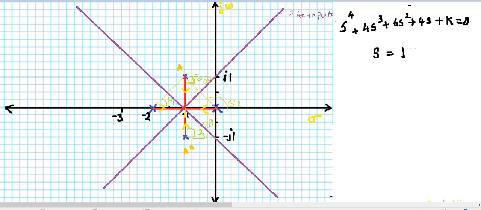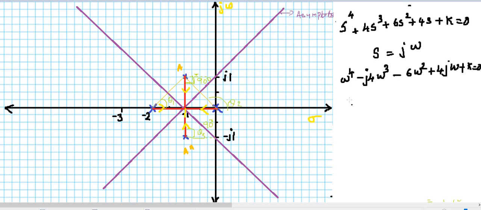Now substitute s is equal to j omega. When you substitute s is equal to j omega, you will get omega raised to 4 minus 4 j omega cube minus 6 omega square plus 4 j omega plus k equal to 0.